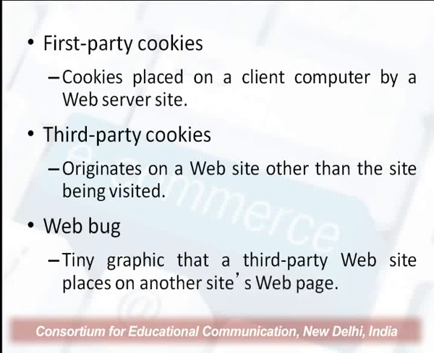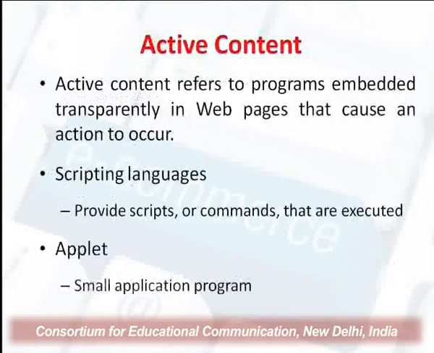So, the cookie is created by a third party site, therefore these are known as third party cookies. Then we have web bugs also. Basically, a web bug is a tiny graphic that a third party website places on the site's web page.